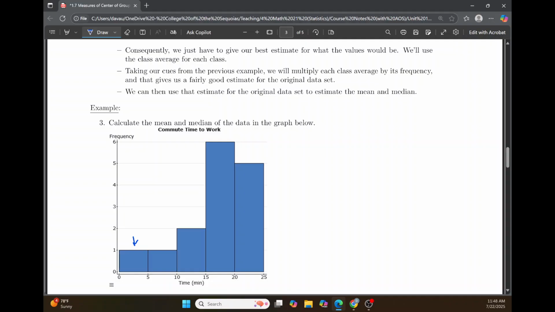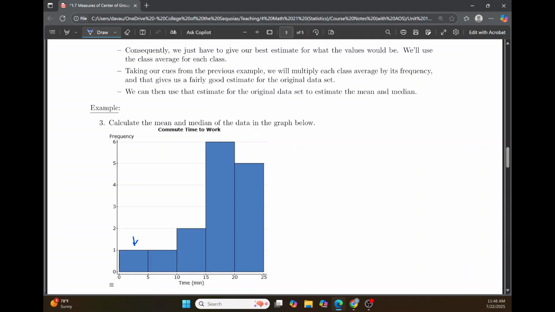It could have been 2 minutes. It could have been 3.5 minutes, right? All we know is that it was somewhere between 0 and 5 minutes, okay? So we don't actually know what the original data value was. And consequently, when we're giving the mean or the median of a data set like this, we just have to give kind of our best educated guess, okay?